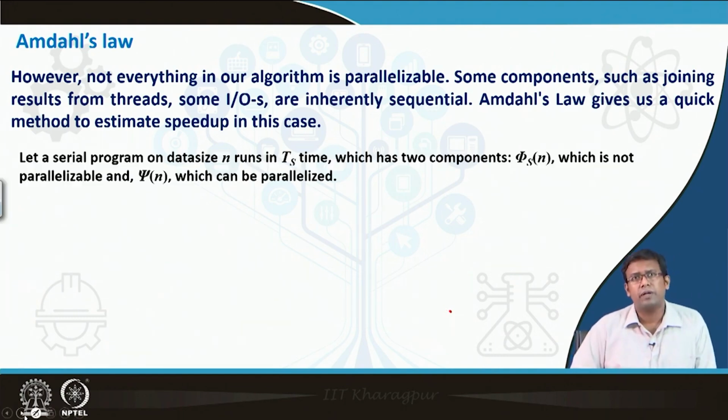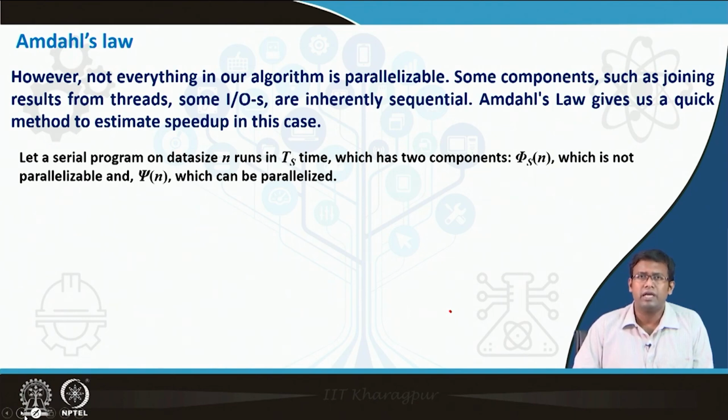Let a serial program of data size n run in Ts time, which has two components. One is phi s n, which is not parallelizable. The total time is Ts for a sequential program, and it has two components. One part is not parallelizable, essentially sequential, which is phi s, and another part is parallelizable, which we write as psi n. So when we parallelize it, we cannot do anything with phi s. This is sequential time. In any parallel algorithm, this time will be present.